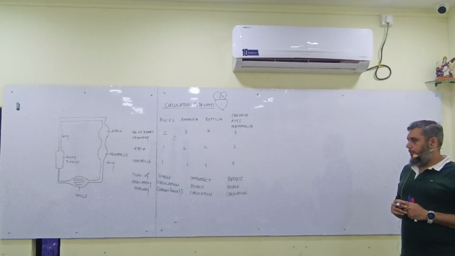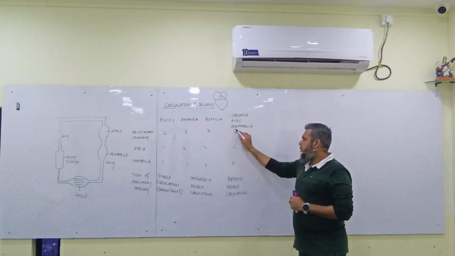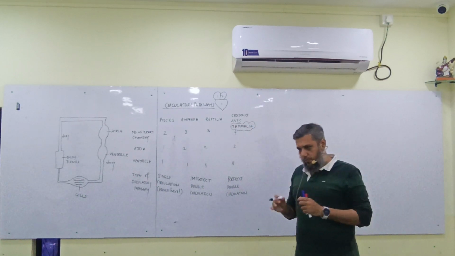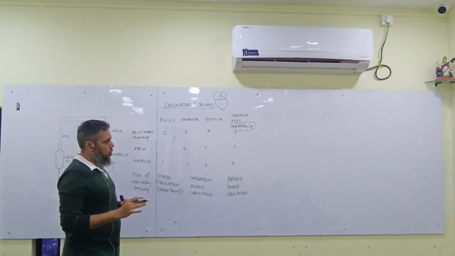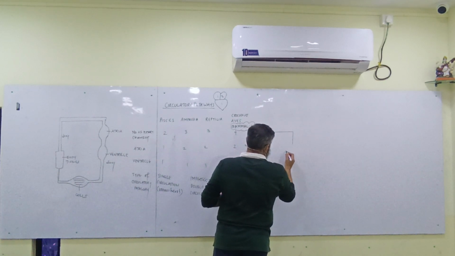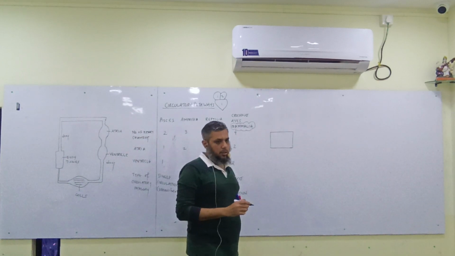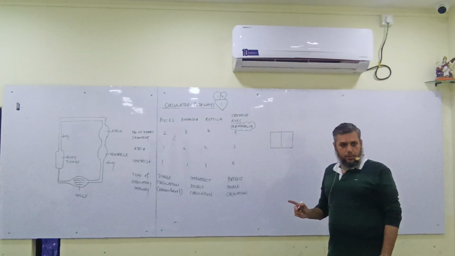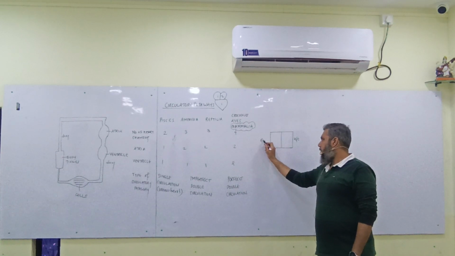Now, further. In the case of crocodile, aves and mammals, let us focus on mammalia. In the case of mammals, now let us talk about human beings here. We have a muscular pumping organ, and that is the human heart. Now I'll draw a line and divide the heart into two parts, the left side and the right side of the heart.